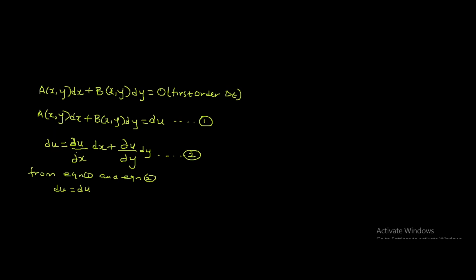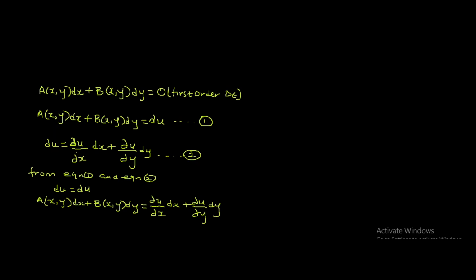So for equation 1 we have du to be A(x, y) dx plus B(x, y) dy, equals, for the second equation, du equals ∂u/∂x dx plus ∂u/∂y dy.